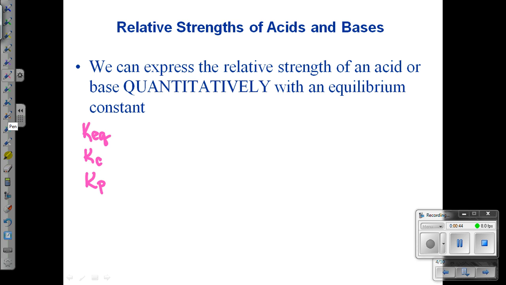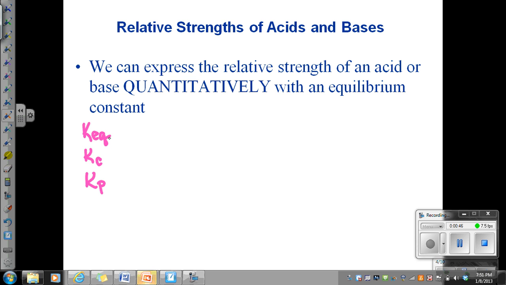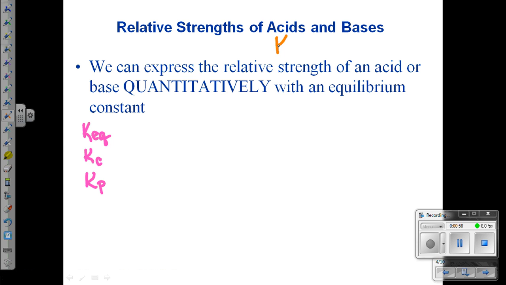We had also shown you that the subscript for all of these shows what the equilibrium constant is describing. So what we're actually going to look at in this video is the equilibrium constant for acids, Ka, and the equilibrium constant for bases, Kb, and the relationship between the two.